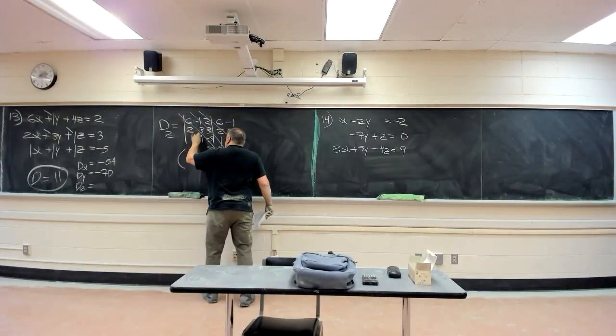6 times negative 3 times negative 5. At the end of the day, negative 3 times negative 5 is positive 15 times 6 is 90.